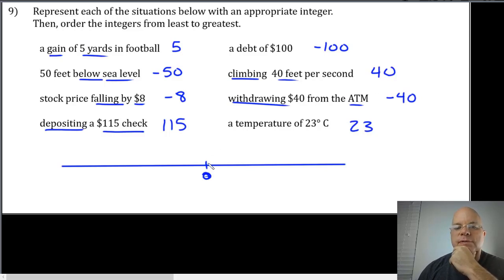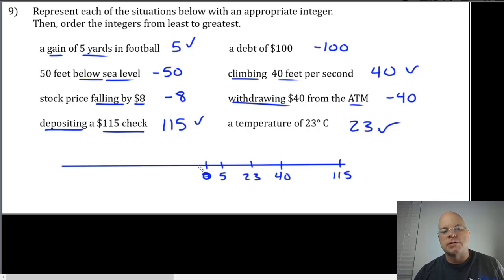Which one of those would I see first as I'm moving to the right? 5 is the least, so I would see 5 first. And then of these three, I would see 23 next. And then 40 would pop up here way before 115. So we've placed all our positive integers on the number line.